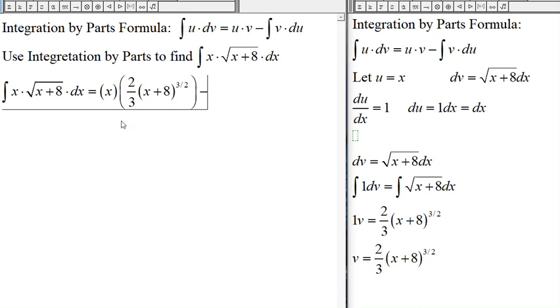So this is u, this is v, minus the integral of v, which is 2/3 times x plus 8 to the 3/2, and then du is just dx.